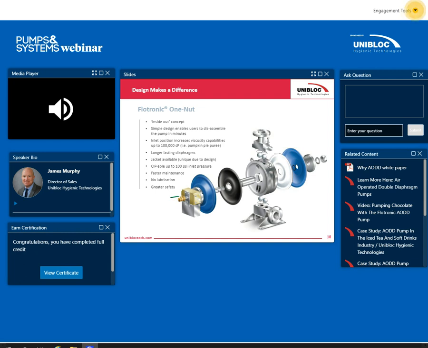And lastly, the fact that the inlet is so closely located to the diaphragms means you can handle some viscosities that far exceed that 30,000 centipoise mark. And they've got some jacketed options as well for applications such as chocolate or even some glues for more industrial applications. And there's no lubrication whatsoever required. So just a bit of a unique design that answers a lot of the challenges in the market.